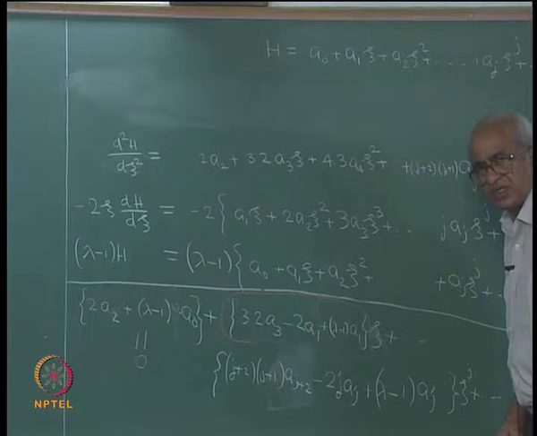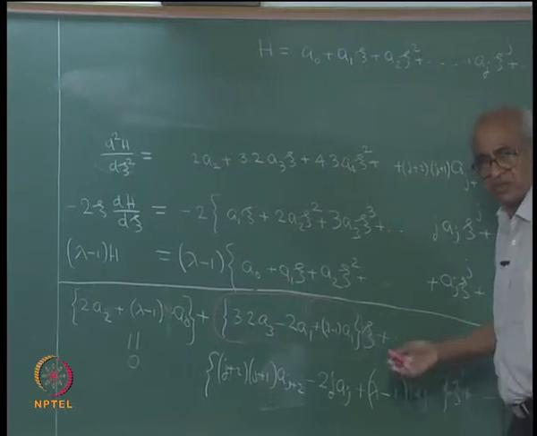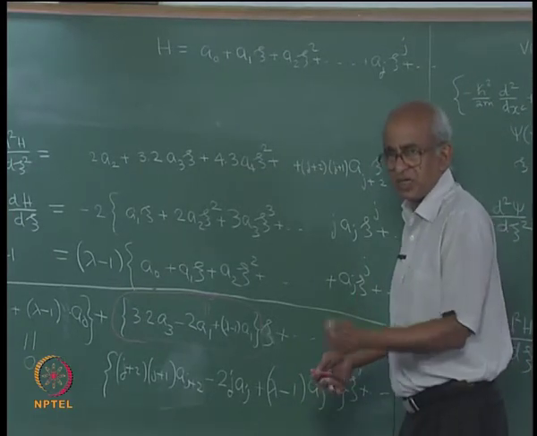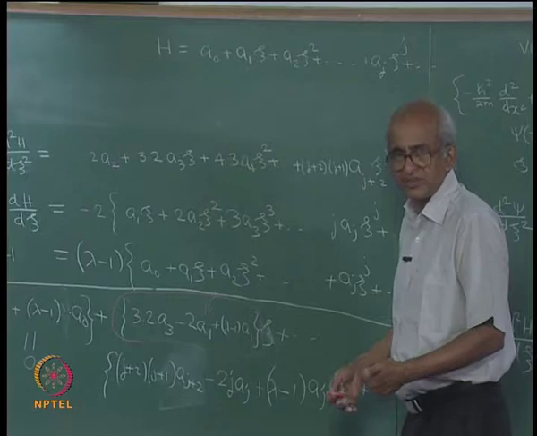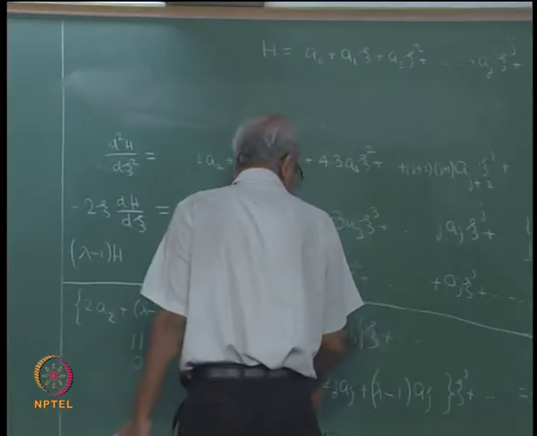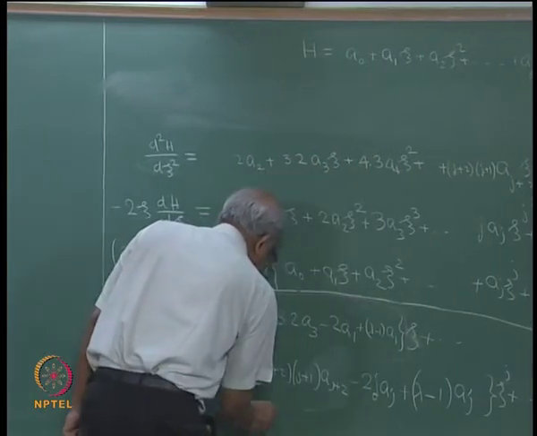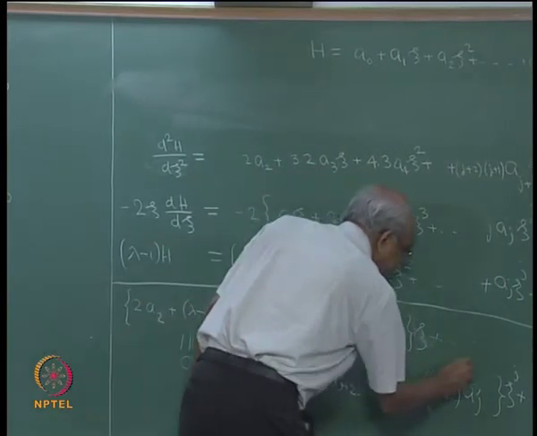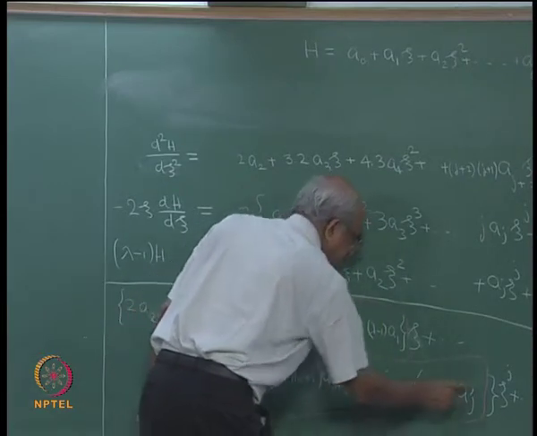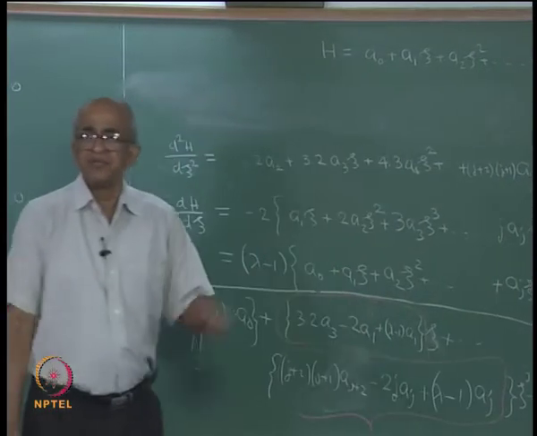So, how many equations do you get? You get an infinite number of equations, which you need because you have an infinite number of unknowns. You have a0, a1, a2, a3, a4, etc. They are all unknowns. You want to determine them, and this is the way in which you can determine them. So, in general, this term, which is the coefficient of c to the power of j, must be 0.